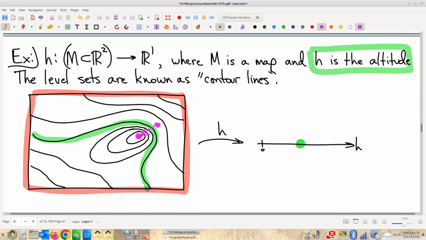Now, how do I know that that's steep there? Well, each one of these lines, let's say, represents 100 feet. As I go along this purple curve here, I'm going to be gaining 100 feet of altitude over very short horizontal distances. It's really steep. In my younger days, that would have been on the table.